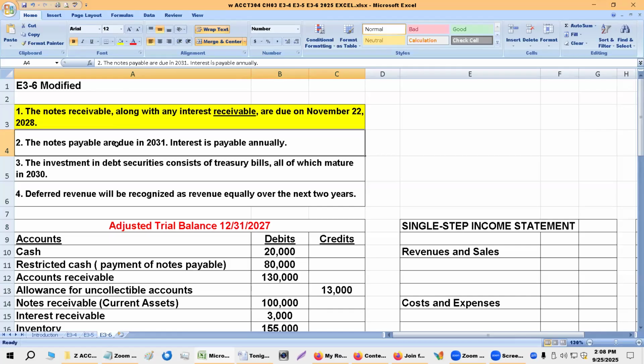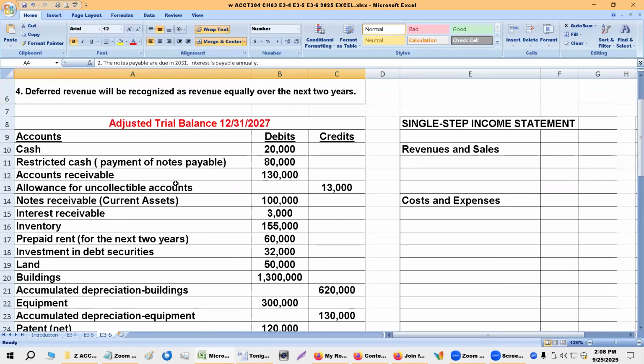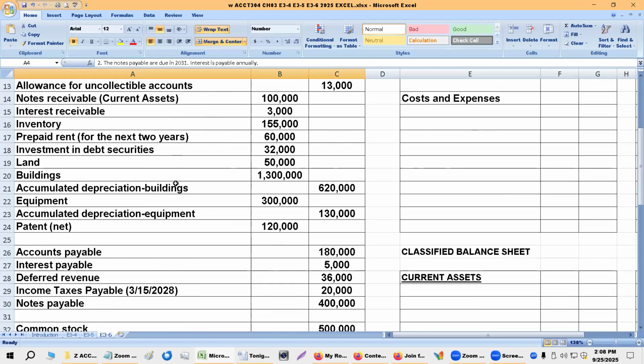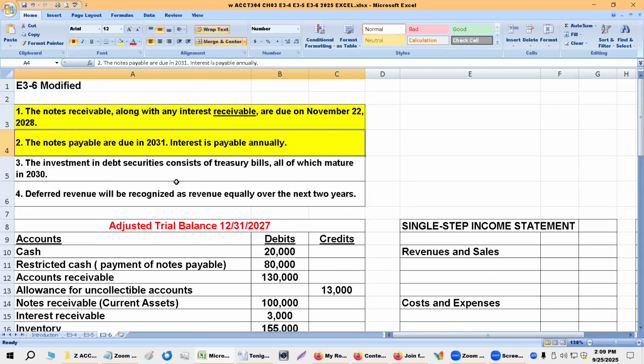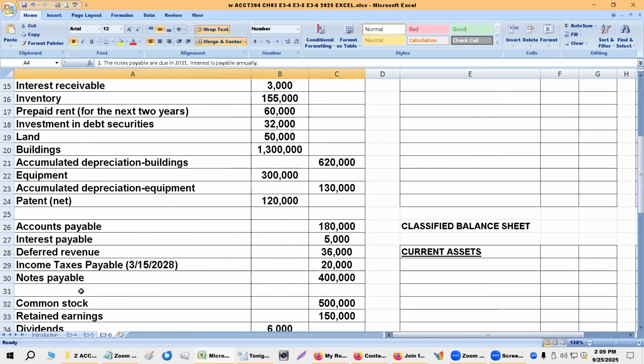Notes payable are due in 2031. Now payables are going to be what? Liabilities. Short term or long term? Long term. Yep, 4 years or whatever. So let's go down to notes payable.